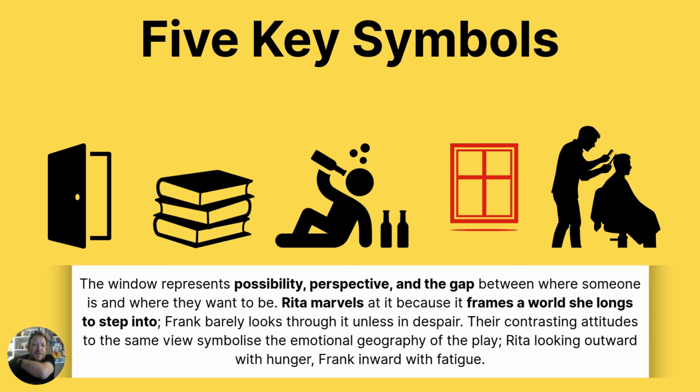Rita goes to the window quite a few times, and again, I say this to my students, if you're trying to do a high level answer that includes some symbolism, it's a very simple technique: come away from the play and ask, what is that object? What is that object's purpose? What is a window?